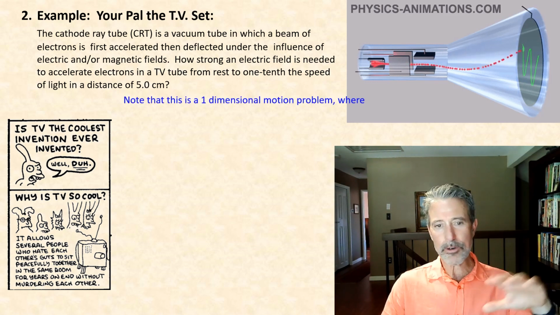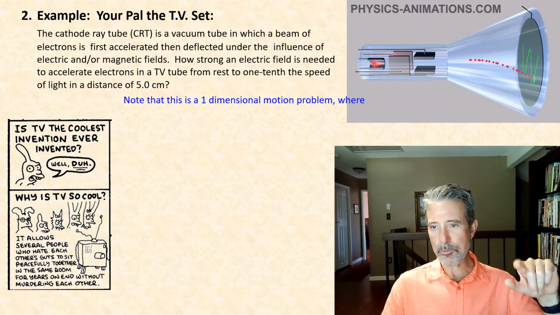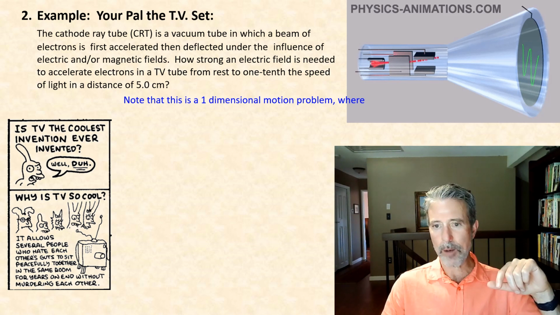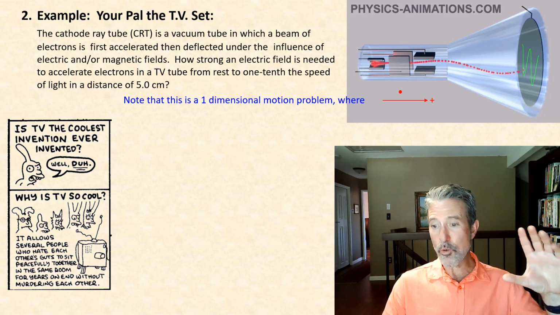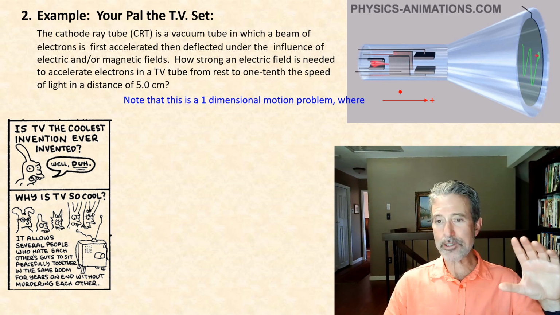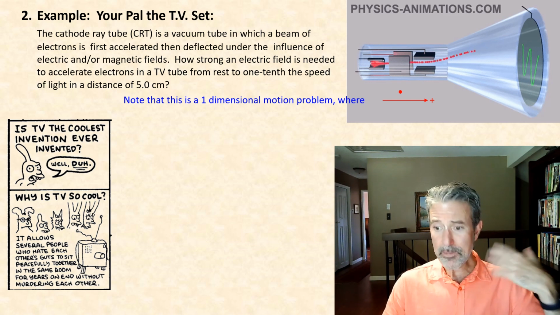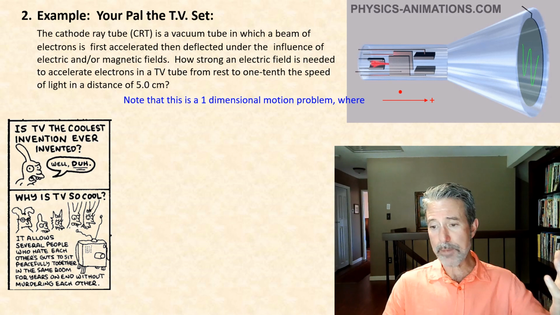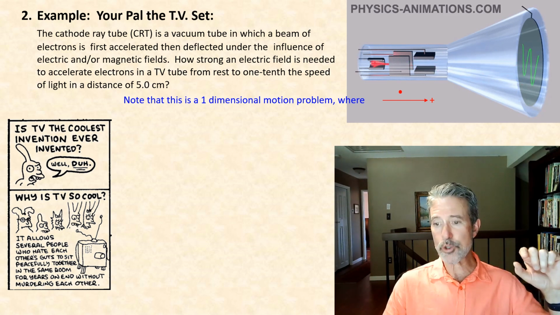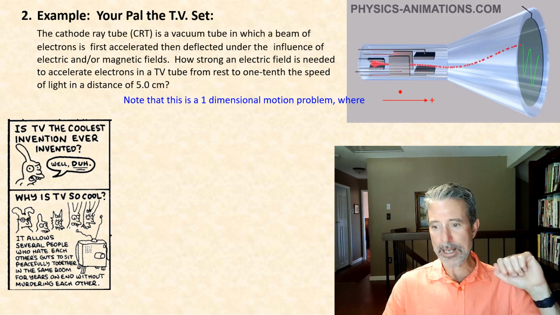Note that we've got a one-dimensional motion problem, a single electron, and we need to define a coordinate system. Since it's one-dimensional, we'll use a number line. I'm going to arbitrarily choose motion to the right as being positive.